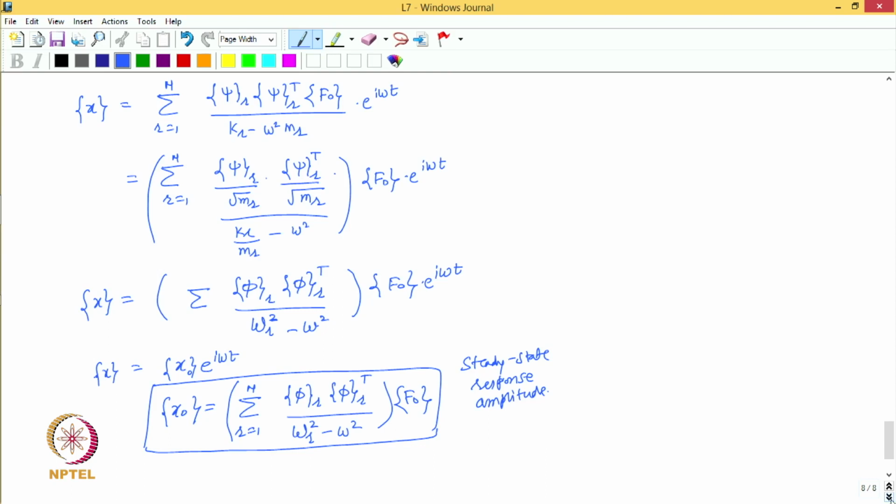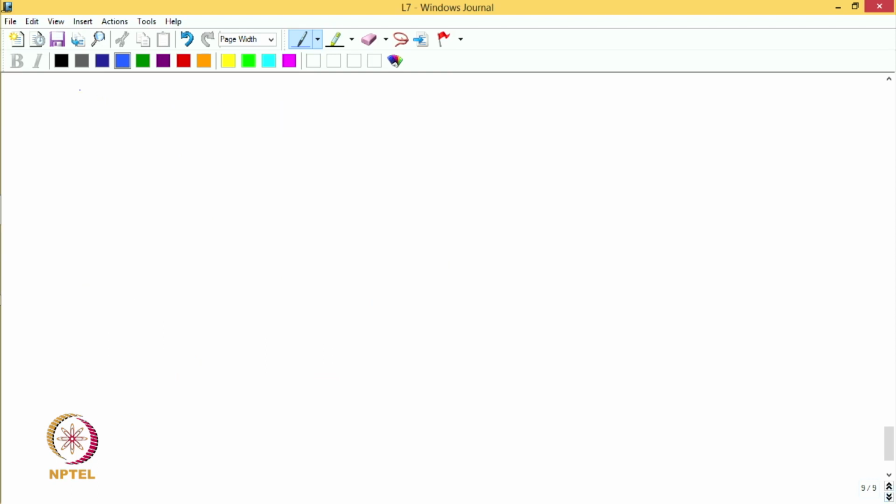Now we find the complementary part. The complementary part is the solution of the corresponding homogeneous equation. The corresponding homogeneous equation for the differential equation of the system is m x double dot plus k x is equal to 0.